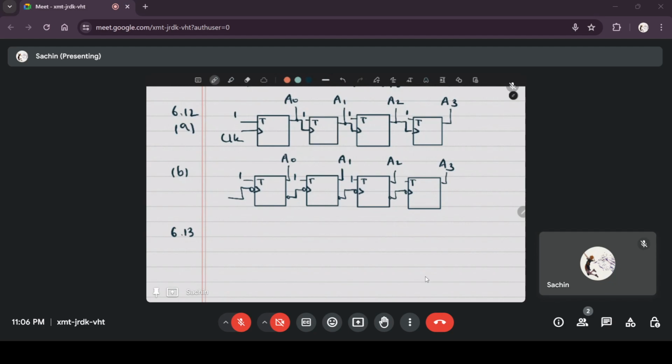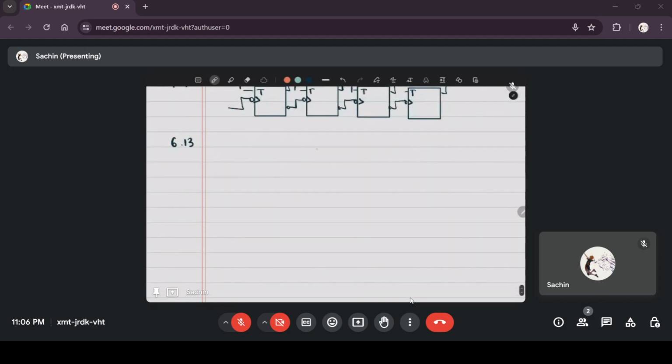A binary ripple counter can count from 0 to 15, so it can go from 0000 to 1111, which means that whenever we encounter the combination 1010, if you reset the output to 0, it will only count up to 9. Whenever it begins to count to 10, it will automatically be reset to 0.